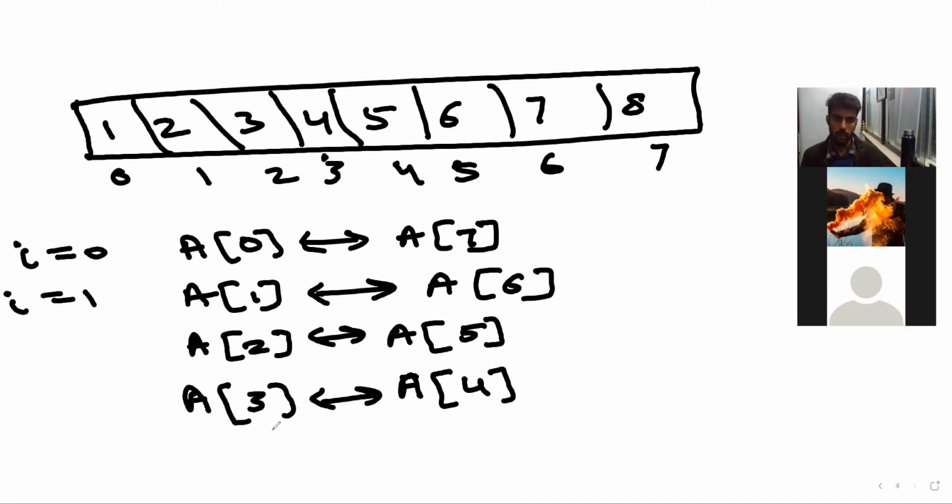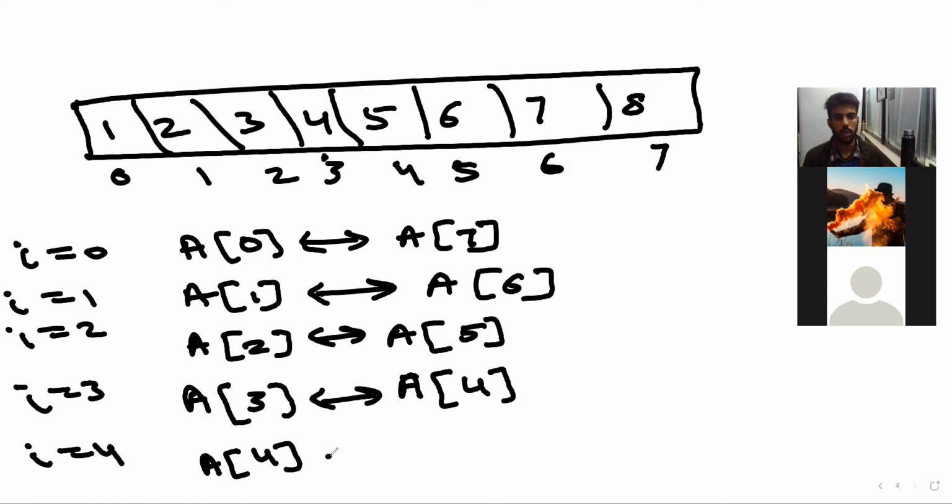And if we keep running this loop, this is i equals to 2, for i equals to 3. Now, after 3, if you keep on running this loop, you would again swap A of 4 with A of 3.